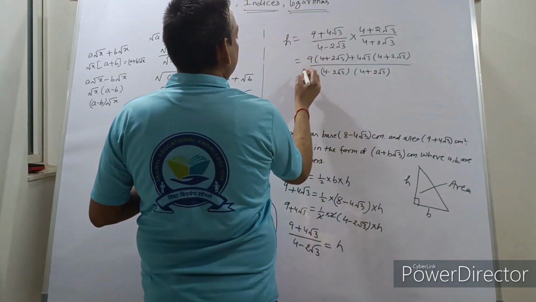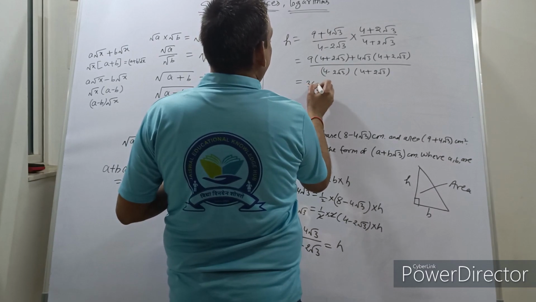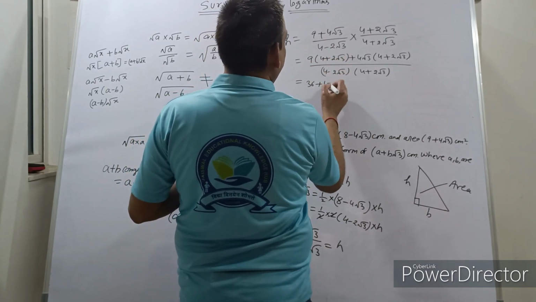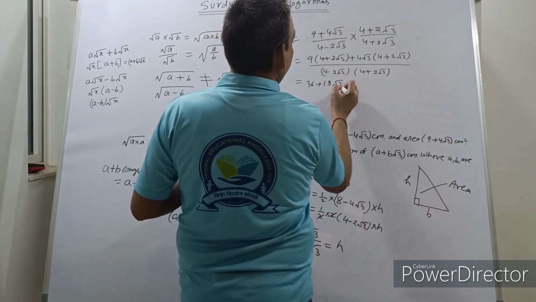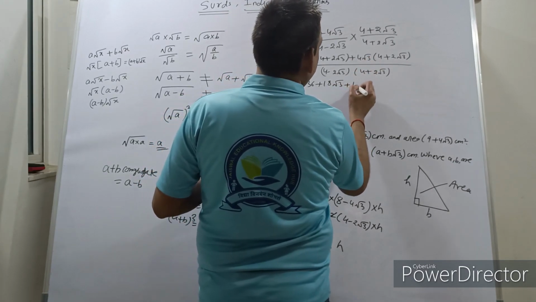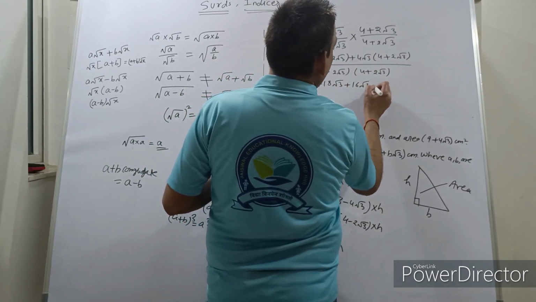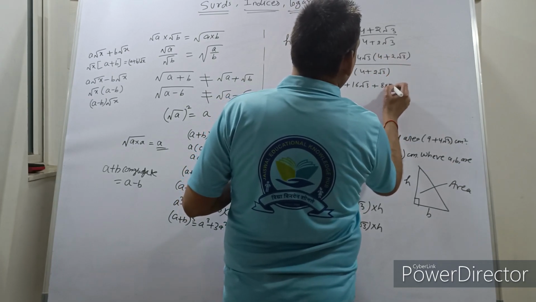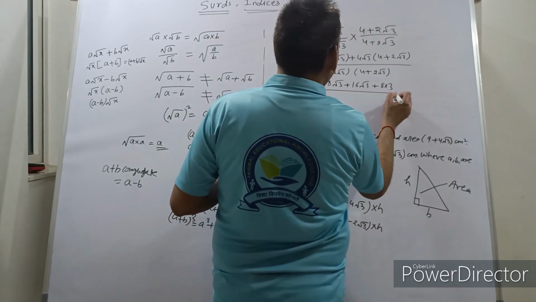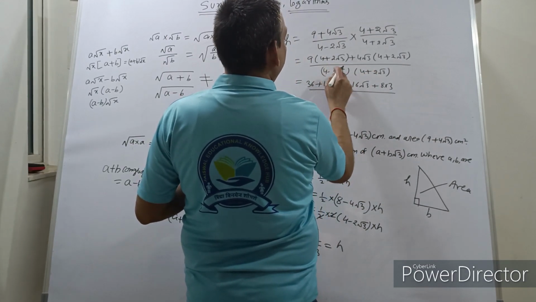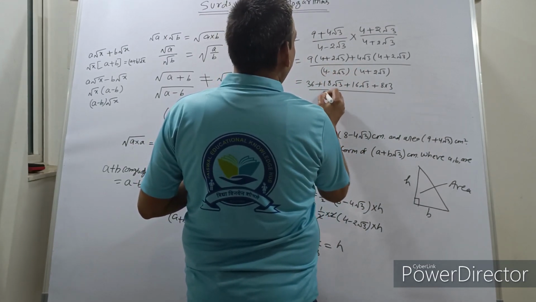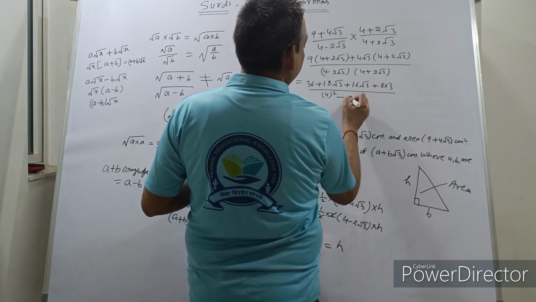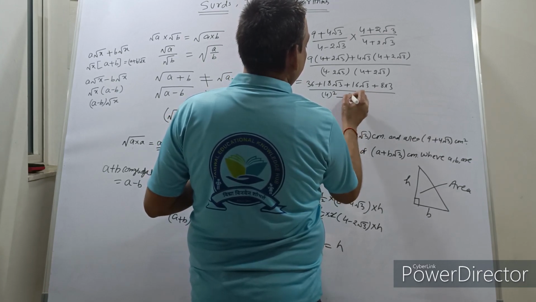So now 9 4s are 36 plus 9 2s are 18, 18 root 3 plus 4 4s are 16 root 3 plus 4 2s are 8 into root 3 into root 3 will give you 3, upon, like a minus b, a plus b, it becomes 4 square minus 2 root 3 square.